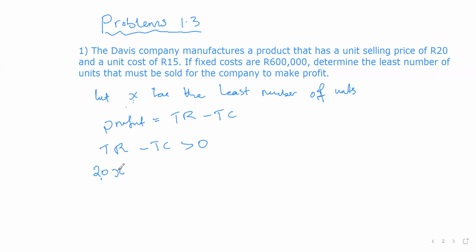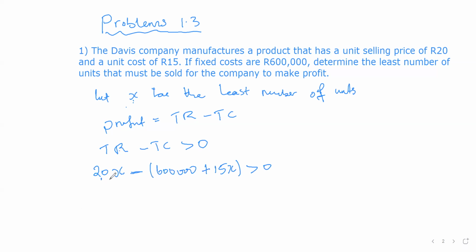So price per unit times total number of units gives me my total revenue, minus total cost. Total cost is fixed cost plus variable cost. We know that fixed cost is 600,000, and we also know that variable cost is 15 for 1 unit. So for X units, the variable cost will be 15X, and all of this should be greater than 0.